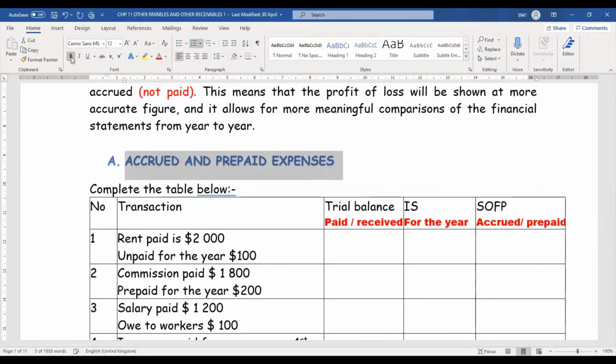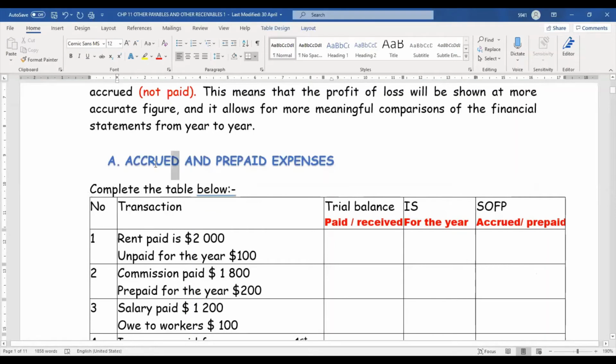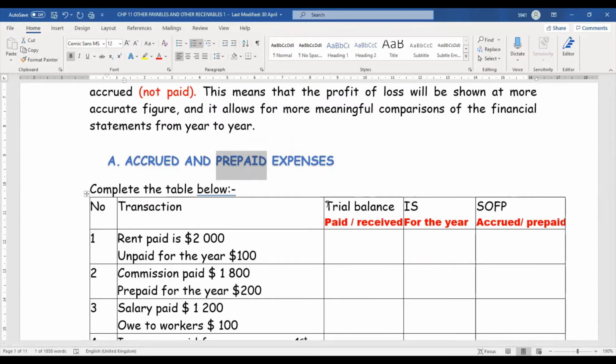Again, what's accrued? The expenses that we're supposed to pay, but we haven't paid. What's prepaid? The expenses that we overpaid, that we paid this year for next year.